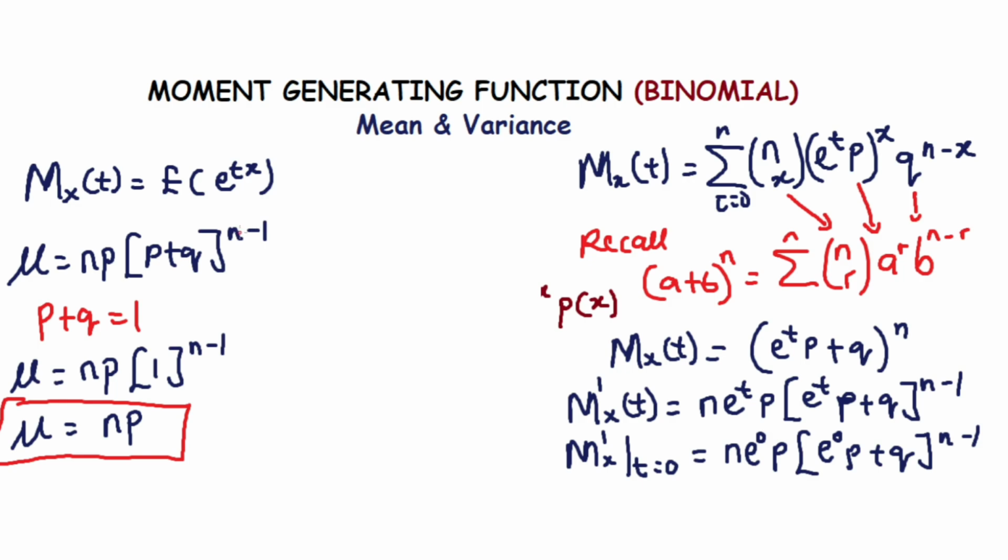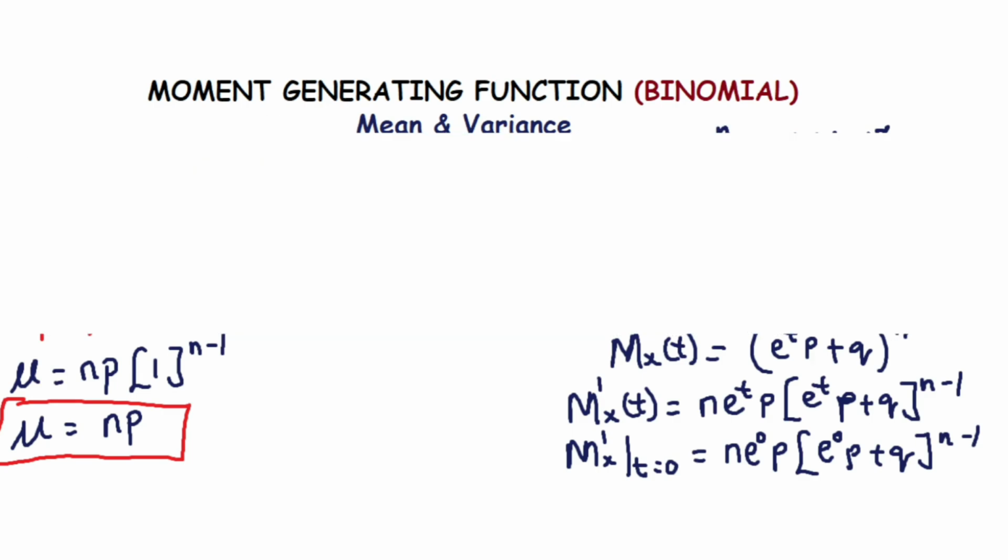So let's go ahead and find the variance of the binomial distribution. Knowing fully well that the first derivative is still here, we can make use of it subsequently.